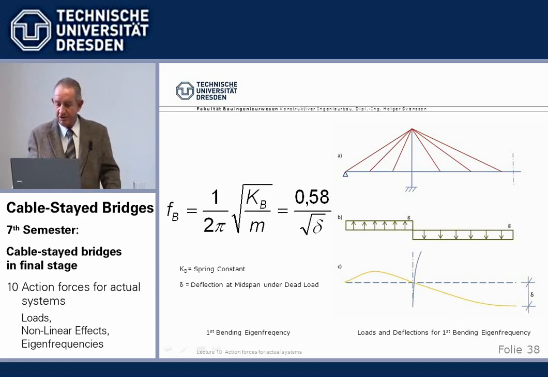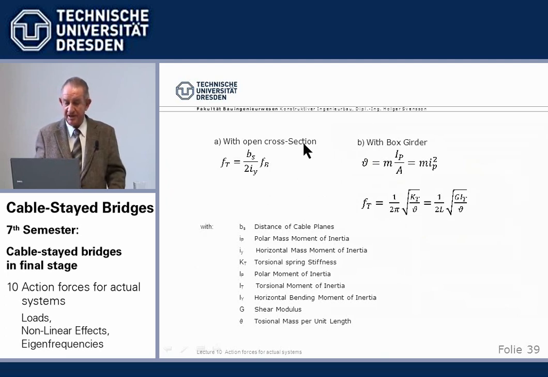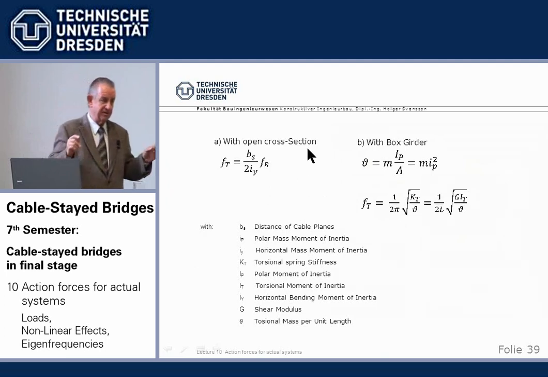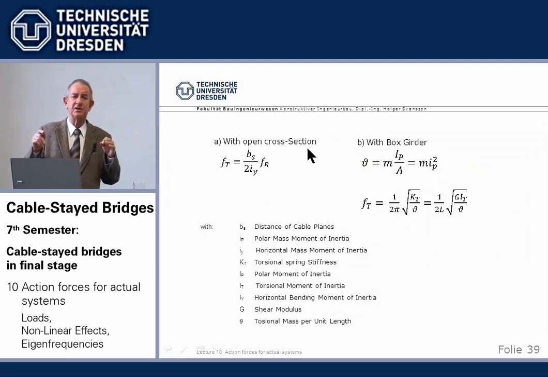Okay, so with delta, the bending frequency is a constant divided by the square root of delta. And then the torsion, which is maybe even more important for aerodynamic stability, the torsional frequency. Well, if we have an open cross-section, we neglect the small torsional stiffness, torsional inertia.